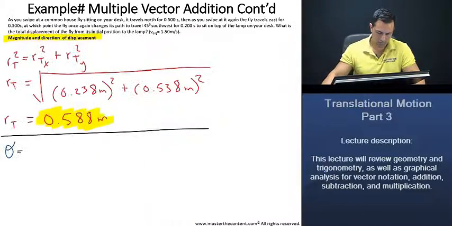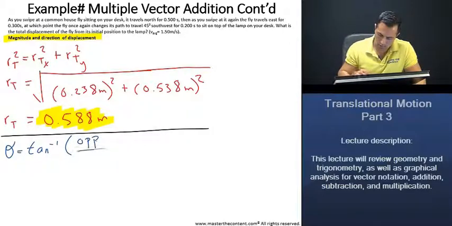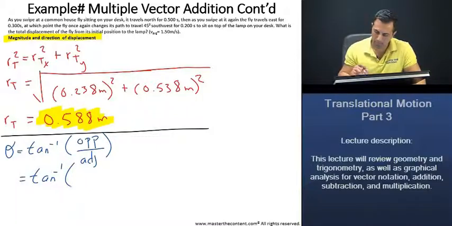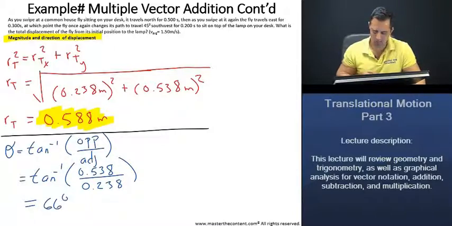The angle there is going to be tan inverse of the opposite over the adjacent side. And what is our opposite side? Well, our opposite side is just the y component, and that was 0.538, over 0.238, which was our x component. Once we equate that, that's going to be 66 degrees.